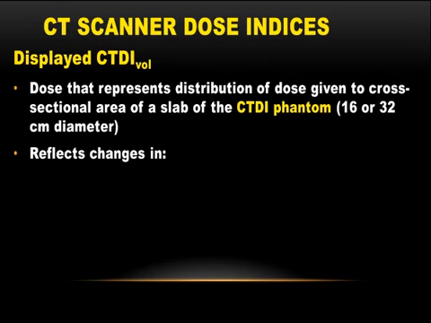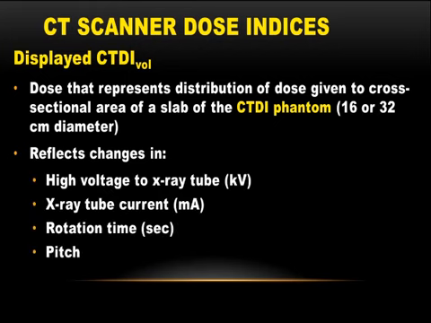So that's a measured CTDI vol, which should not be confused with a displayed CTDI vol on the scanner, because the displayed CTDI vol represents the distribution of dose given to that cross-sectional area for one of 2 defined phantoms, either the 16 or the 32 centimeter diameter phantom. And so it's a powerful tool.